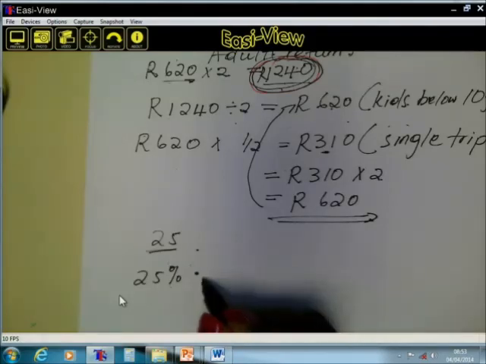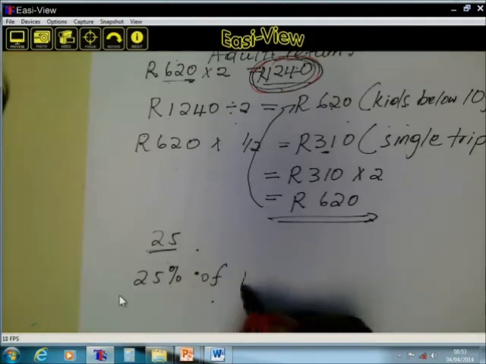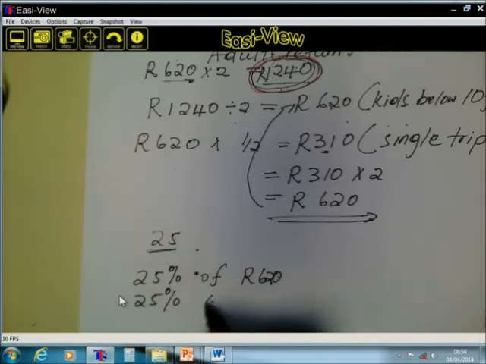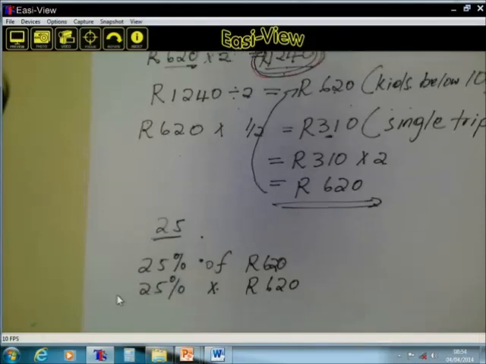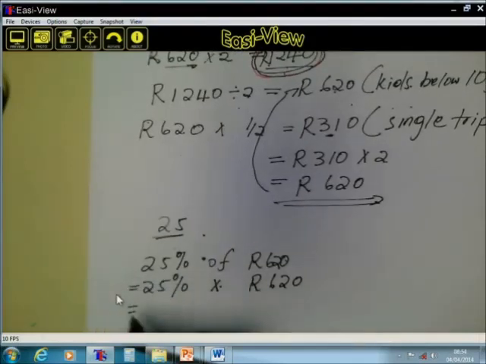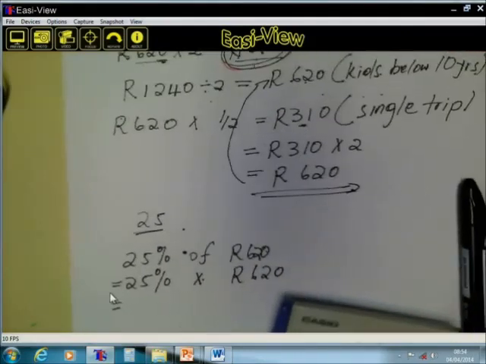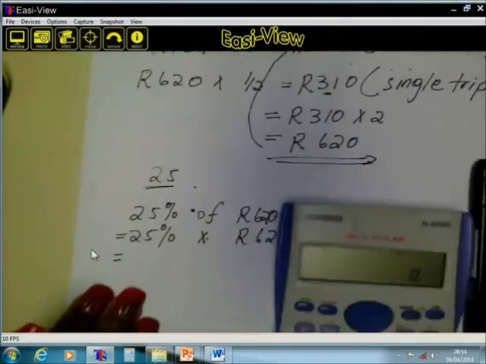Now 25% of 620. That will simply mean 25% multiplied by 620. Then you can use your calculator, it's because of time, or you can just calculate it manually.